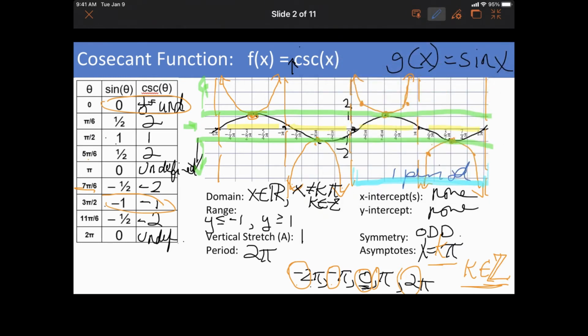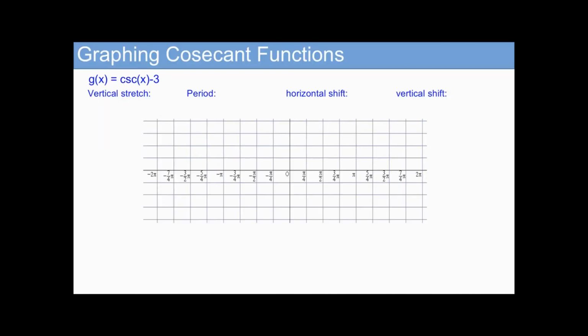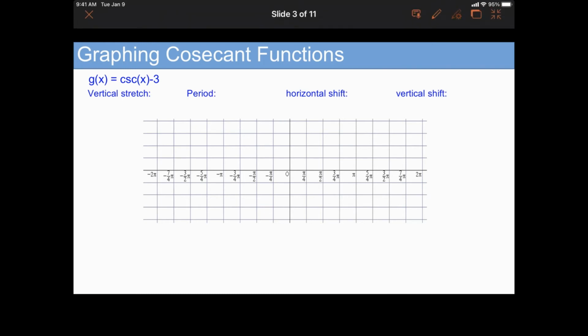So it must include one up and one down with the asymptotes. So definitely a very different graph than sine. All right, so how do we actually graph them? Well, we actually do the sine first. So what I do every time, I take this function, and I'll rewrite it in sine.